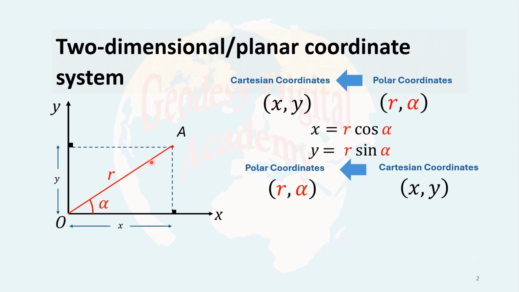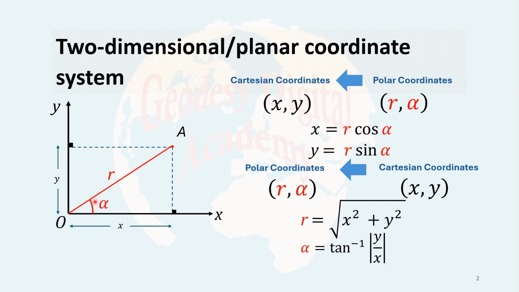So if I want to determine r, I have x and y, and based on Pythagoras rule, I can say, okay, this r is the square root of the sum of the squares of the two other sides of this triangle.